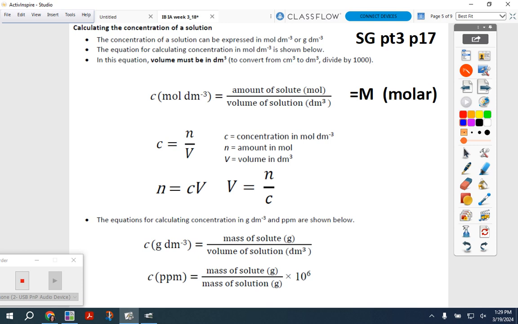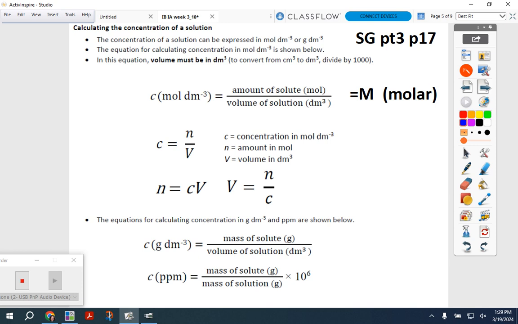And so you have to be familiar with that. You have to be comfortable with that. But basically what we have is a very simple equation. The concentration is how much stuff over how much volume. And you need to be able to manipulate that equation like you would any algebraic equation to solve for concentration, to solve for volume, to solve for moles.